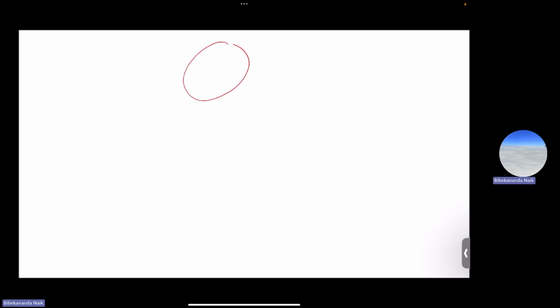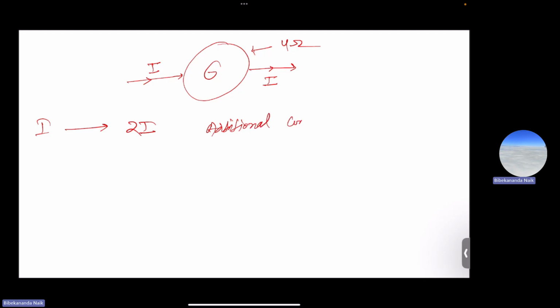Now suppose this is the galvanometer. It has 4 ohm and its full deflection current is I. Now we need to convert it into an ammeter of twice its range, so I needs to become 2I. That means the additional current should pass through the shunt resistance.